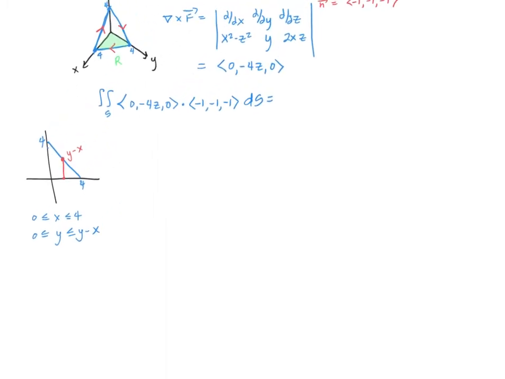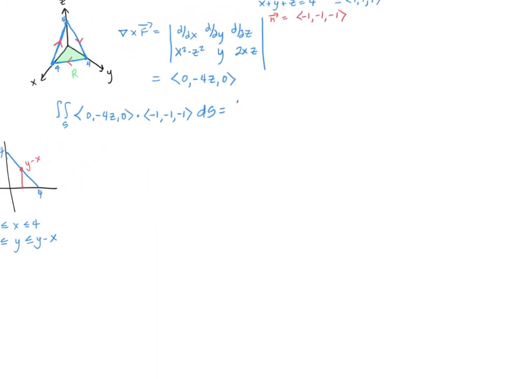This integral then becomes, I'll put the x on the outside because it's constant, y on the inside. And then if I were to look at this dot product, I can't use z because I'm integrating with respect to x and y. So I have to replace z with 4 minus x minus y.